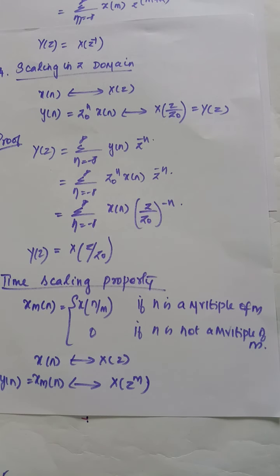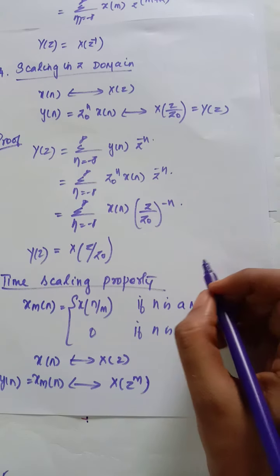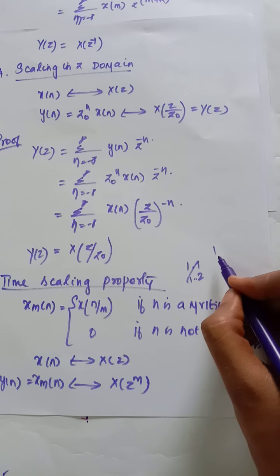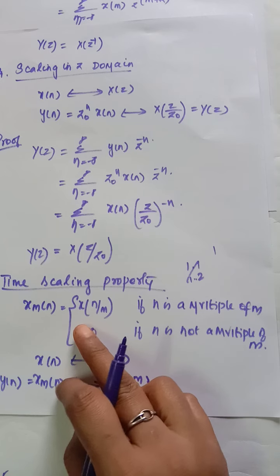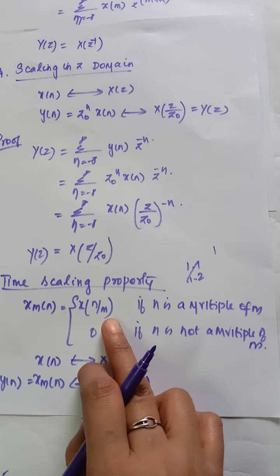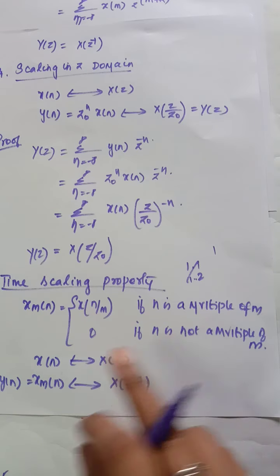Here we know that this is a discrete time signal, and we may not have indices like 1.1, 1.2. We will have only whole numbers. So when we perform scaling, x of n by m, this n should be a multiple of m.